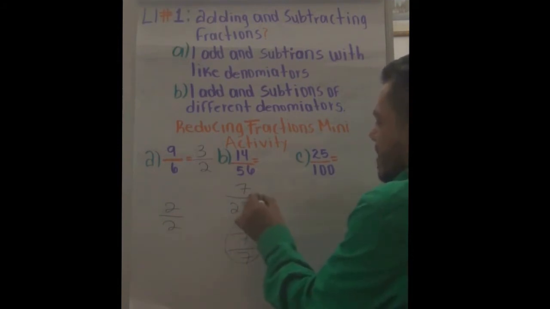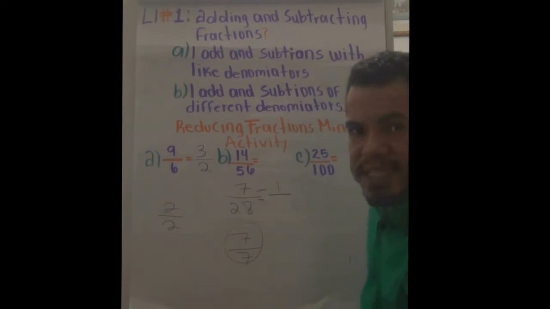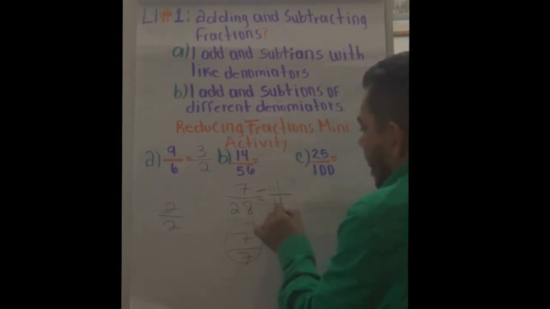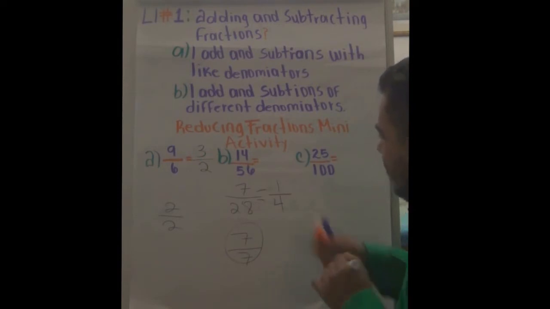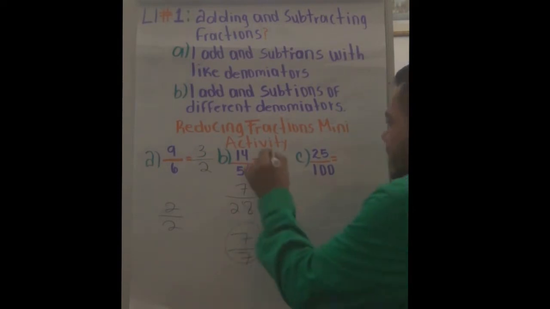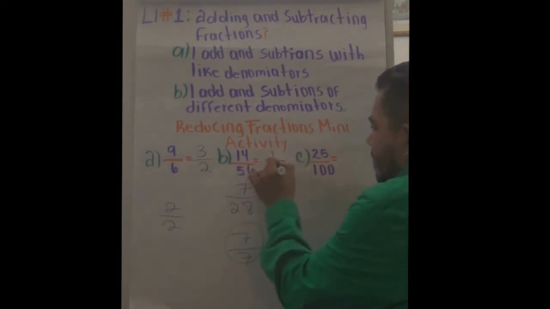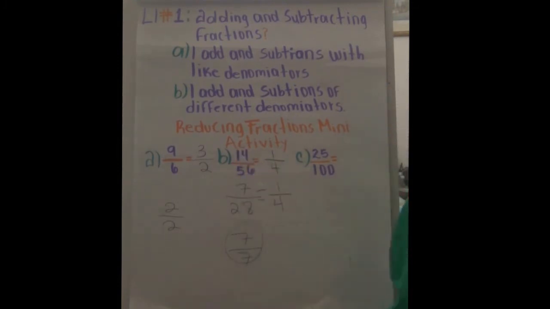So if I divide this by 7, I get 1. If I divide 28 by 7, I get 4. Make sense? Okay then. So 1/4 is the simplest form of 14/56.